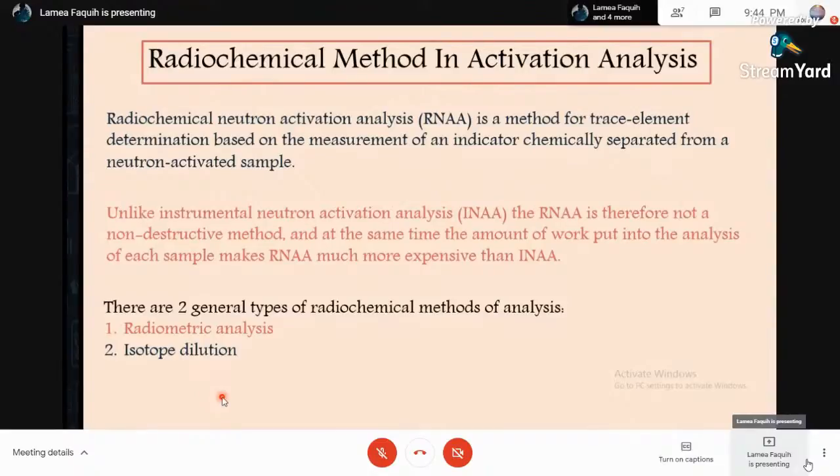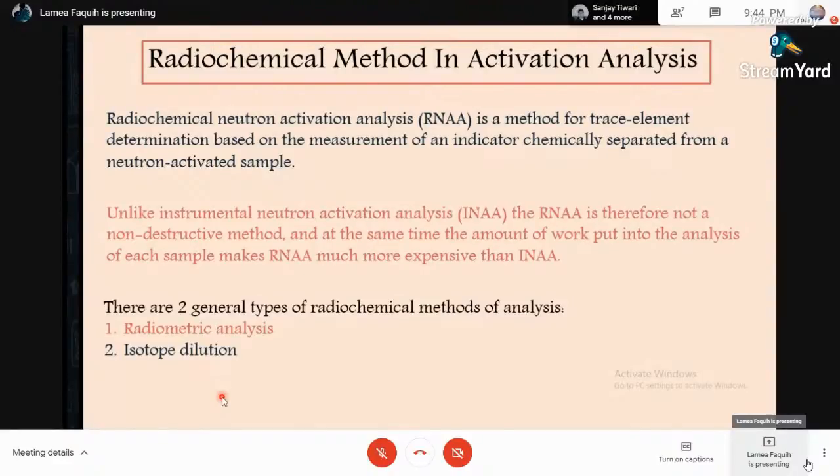Previously, our instrumental neutron activation analysis, that is INAA, was a destructive technique, right? But unlike that, the radiochemical method is non-destructive, and it is also less expensive as well. So that gives us a plus point to use this technique.